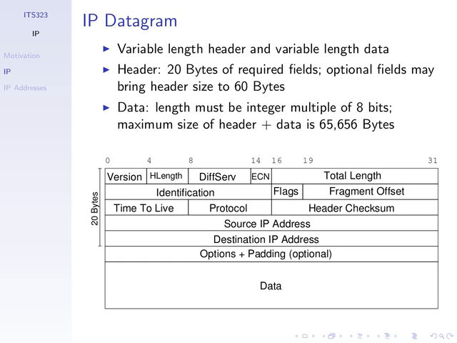Inside the header, there are different pieces of information, and that's what's listed here. These are the fields of the header. We'll go through and describe the most important ones. And we can see the length of each field. The first 4 bits of an IP datagram is a 4-bit number that indicates the version of IP we're using.